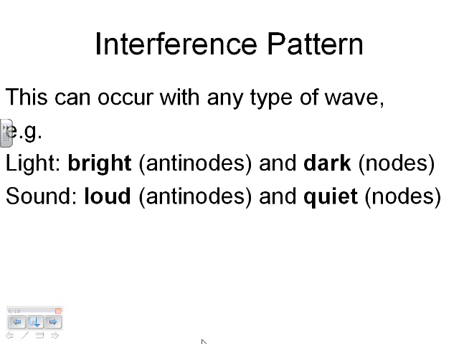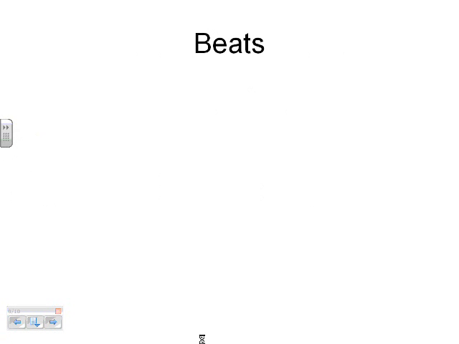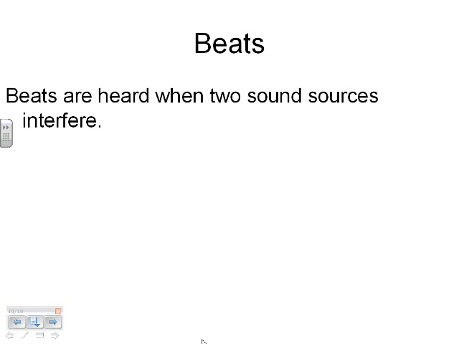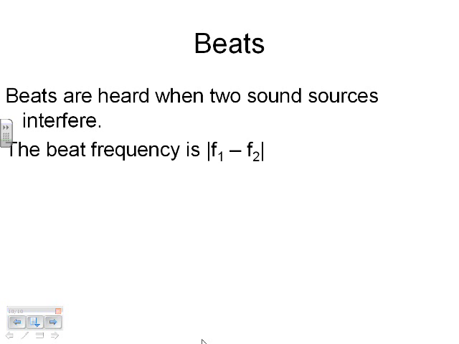Now, speaking of sound, we'll take a quick look at beats, or when I say look, I probably mean listen. Beats are basically a different kind of interference where we have, instead of in-phase sources, sources with two different frequencies.